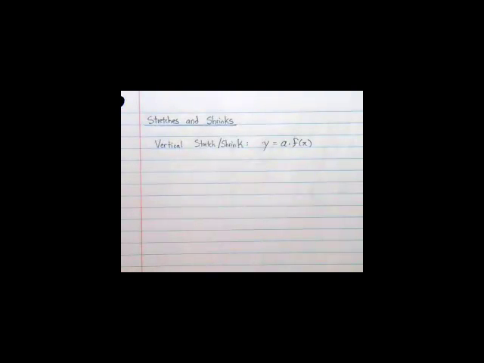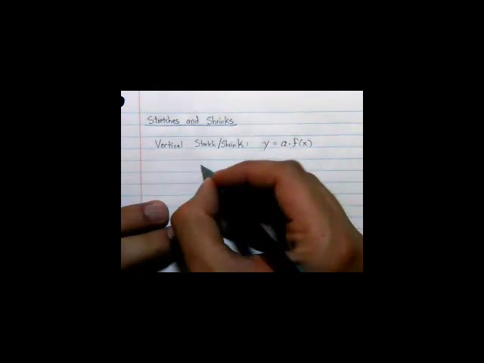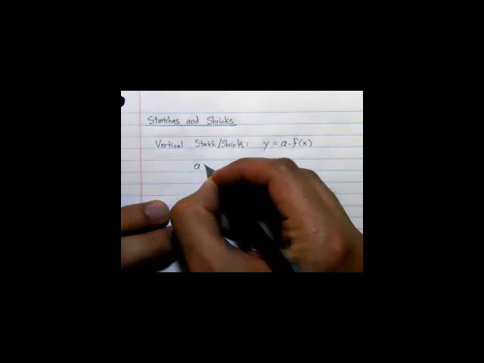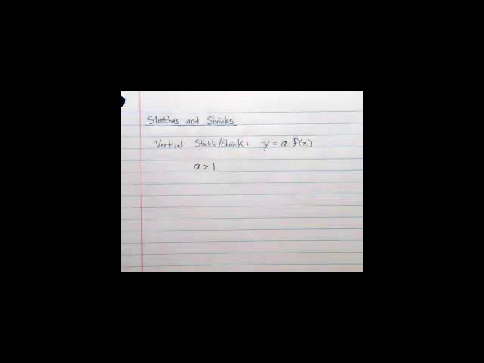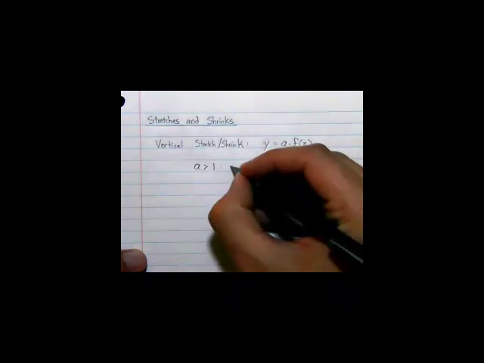Now, technically, it could be a stretch. It could be a shrink. There are ways to make these things shrink as well. So here's how you can tell the difference. If a is greater than 1, like 2, 3, 4, whatever, those are all stretches.